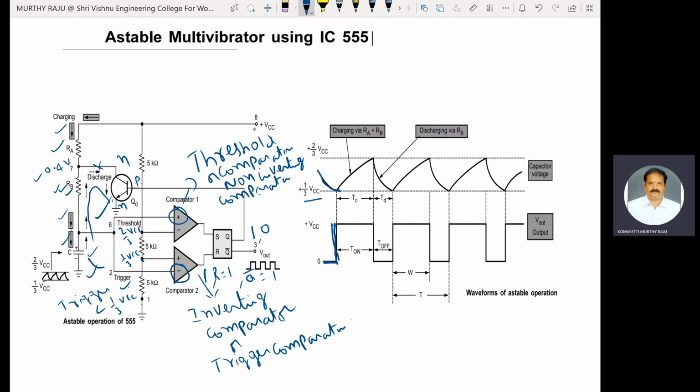In that scenario, the capacitor is charged towards VCC, because VCC, RA and RB are connected to the capacitor.